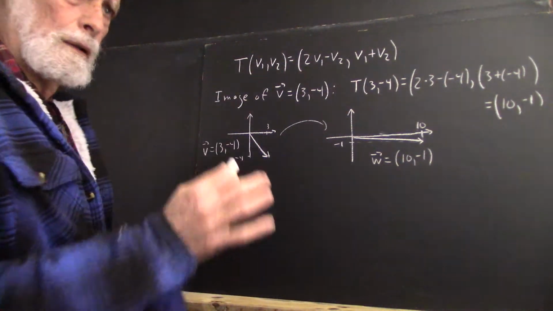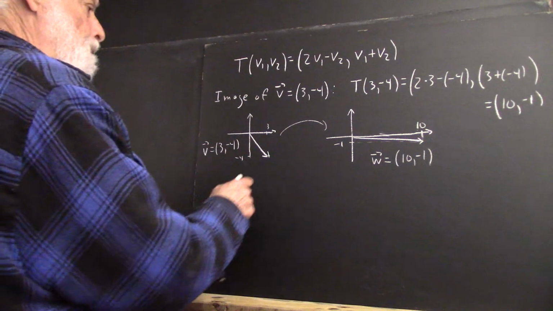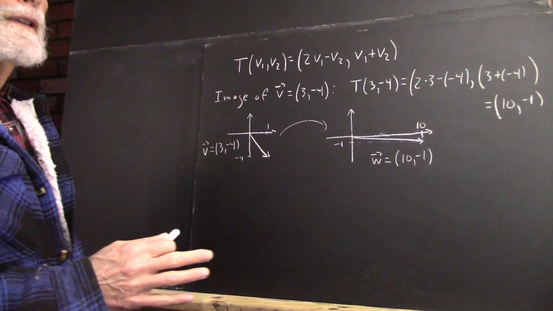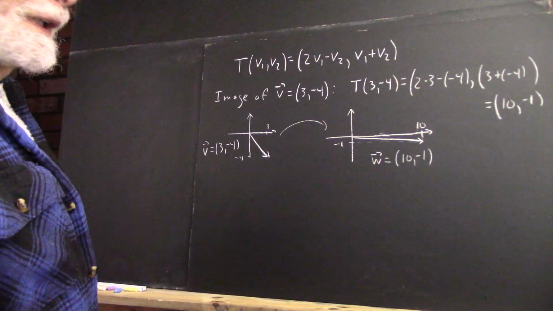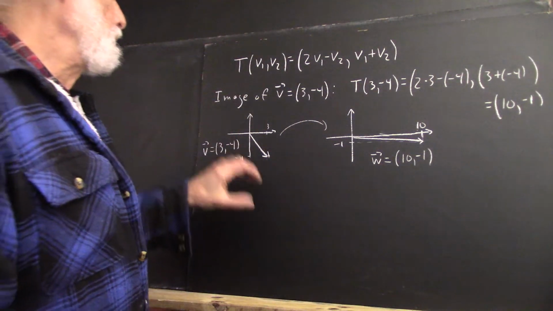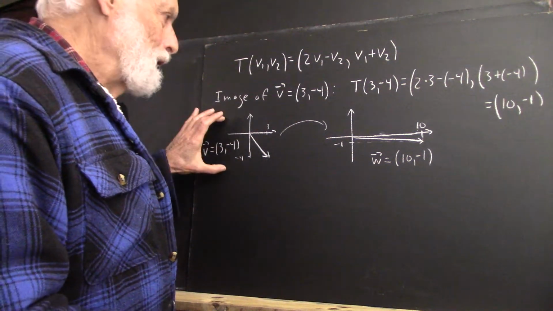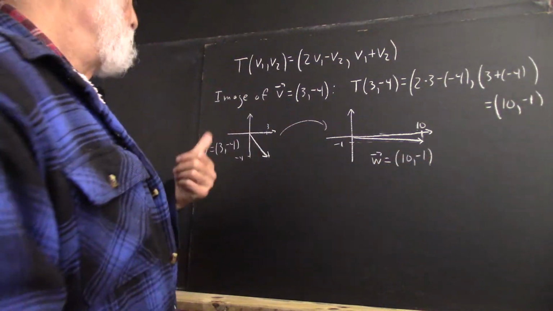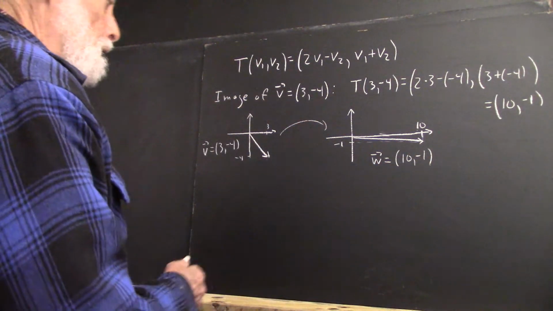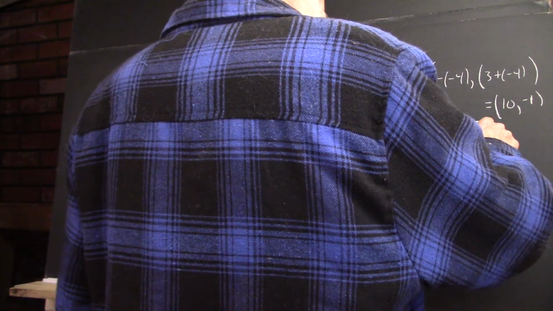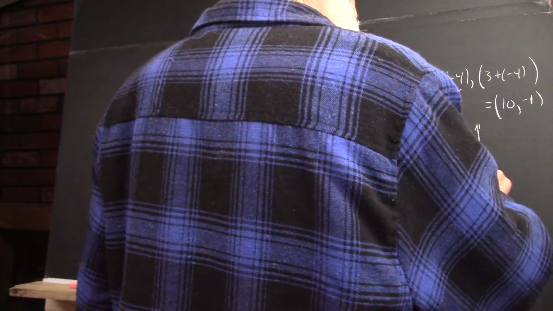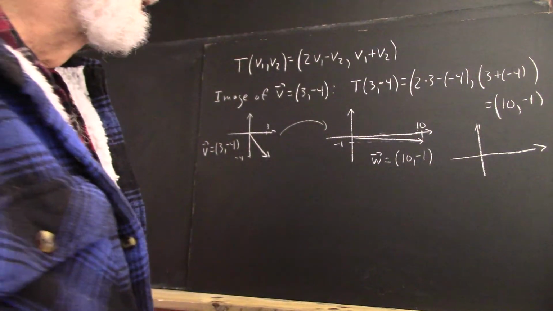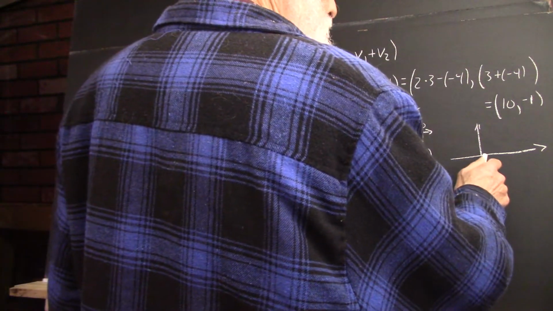In your homework, in WebAssign, the pictures will often show these two vectors on the same set of coordinate axes. I prefer to think of your vector and your image, or if you wish, your image and your preimage. However, just to make sure you see this the way you probably see it on your WebAssign homework, if we're using WebAssign in this particular course, this would look something like this.